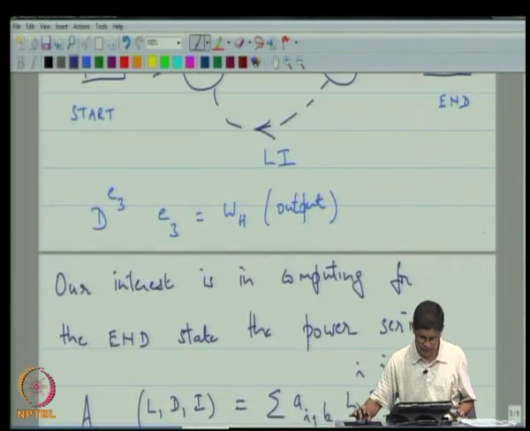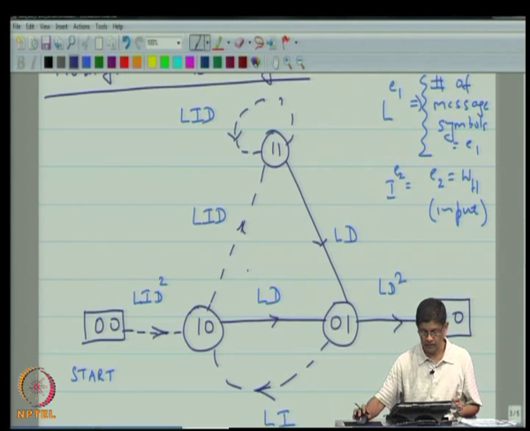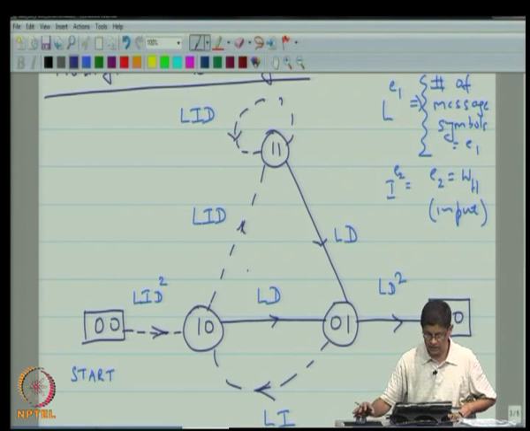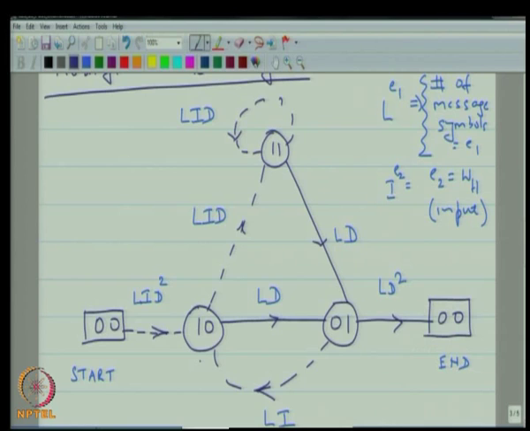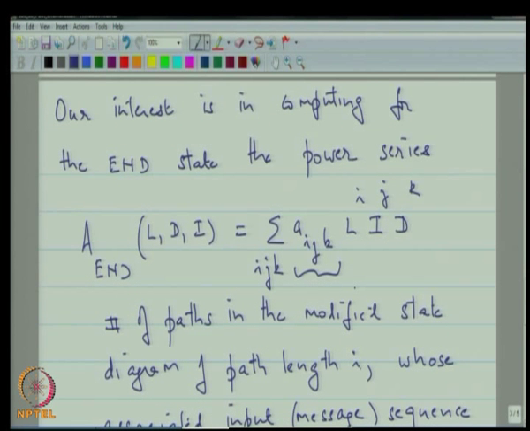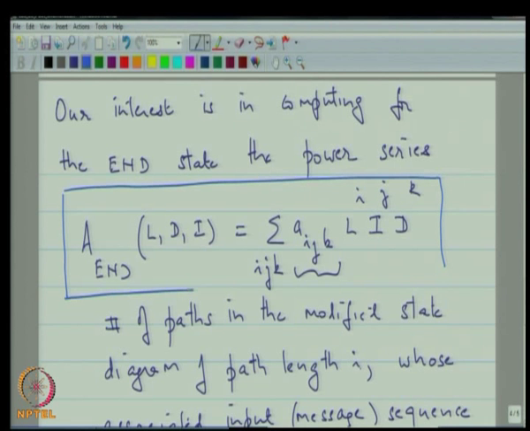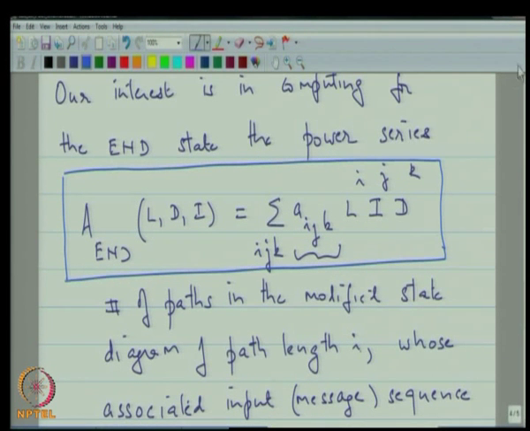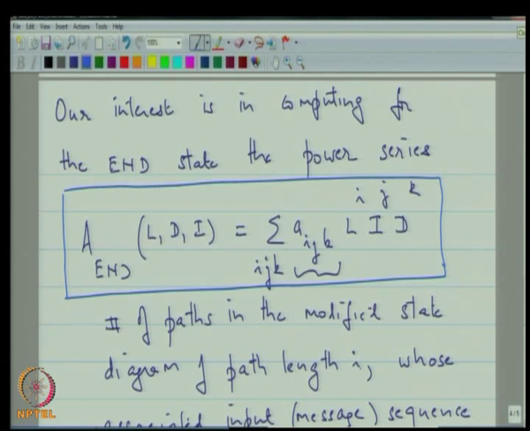And for the state diagram, you can actually compute this recursively, in the sense that we are interested in knowing what is the generating function. So, this power series is sometimes called the generating function, because it provides all the data that you actually need in a very compact single function.